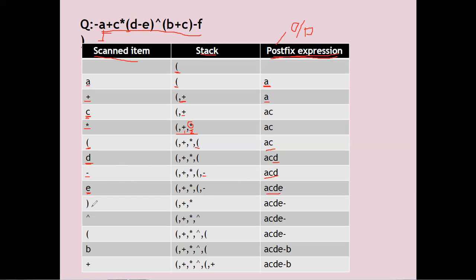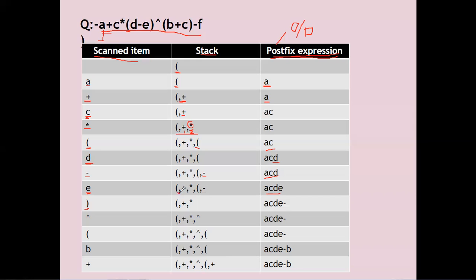Now the next is the closing parenthesis, the bracket is completed. No doubt, when a close bracket comes, it is not pushed into the stack; we have to pop the topmost element of the stack. As we have seen in the algorithm, as soon as a complete round bracket comes, we pop the topmost element.